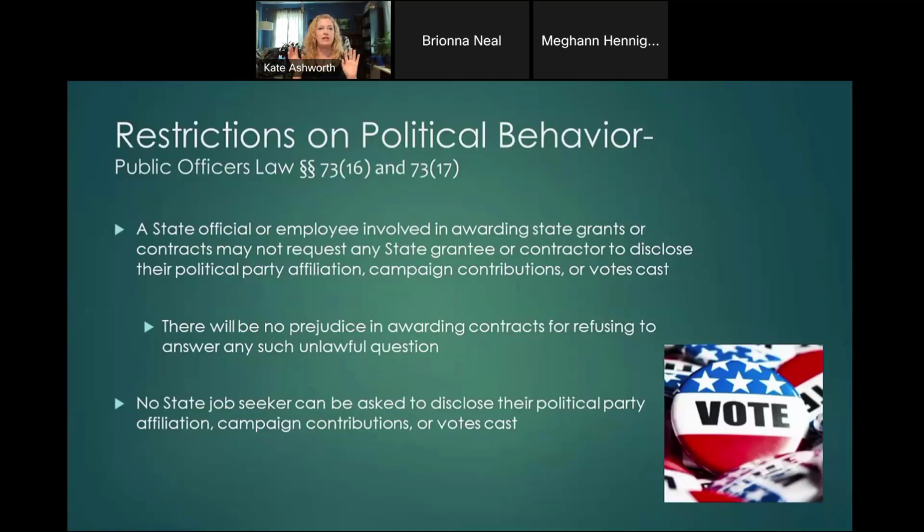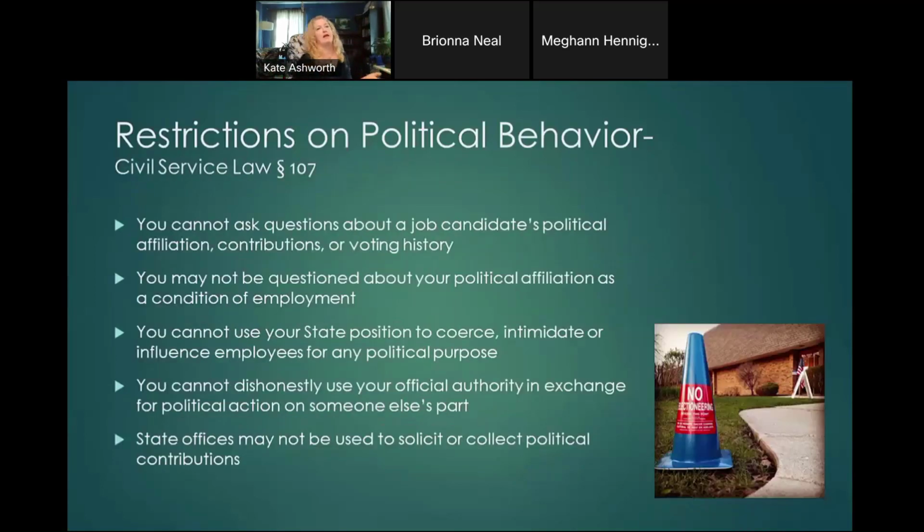All of that, grants and contracts, has to be kept nonpartisan and clean. And when you're hiring new employees, of course, you can't ask a prospective employee about their political affiliation and who they voted for and all that kind of stuff, right? Most people would expect that kind of thing.